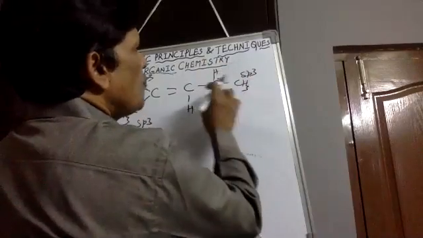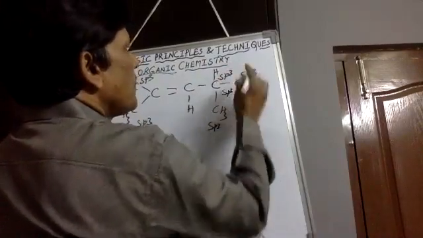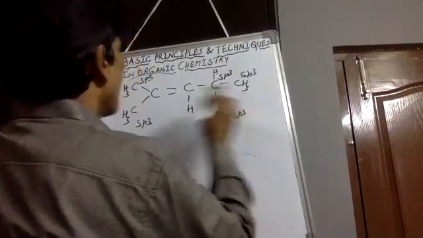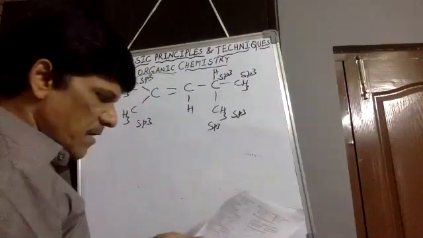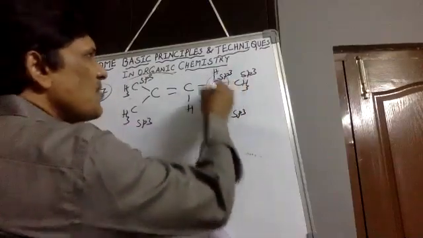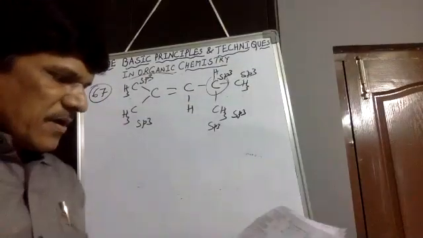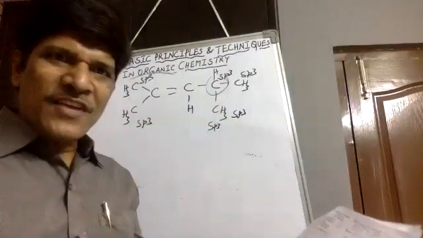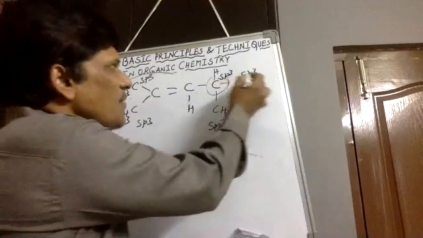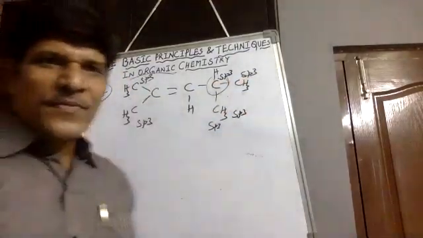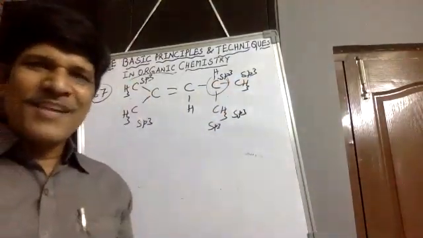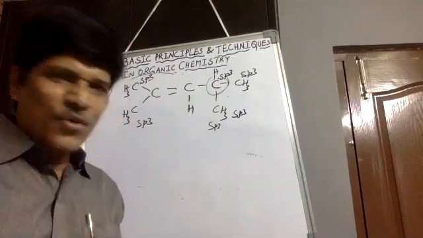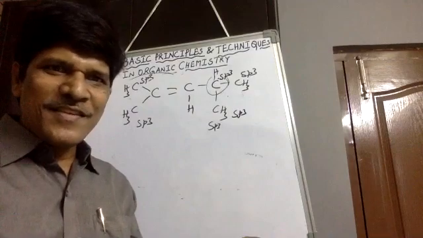Then we would observe this is sp3, 1, 2, 3, 4, 5 we should get. But this carbon they missed in the given compound, therefore they did not give a proper structure. So we also have to take 1, 2, 3, 4, 5. Therefore 5 is the answer but not 4. Okay, that is about question 68 within 5 minutes.